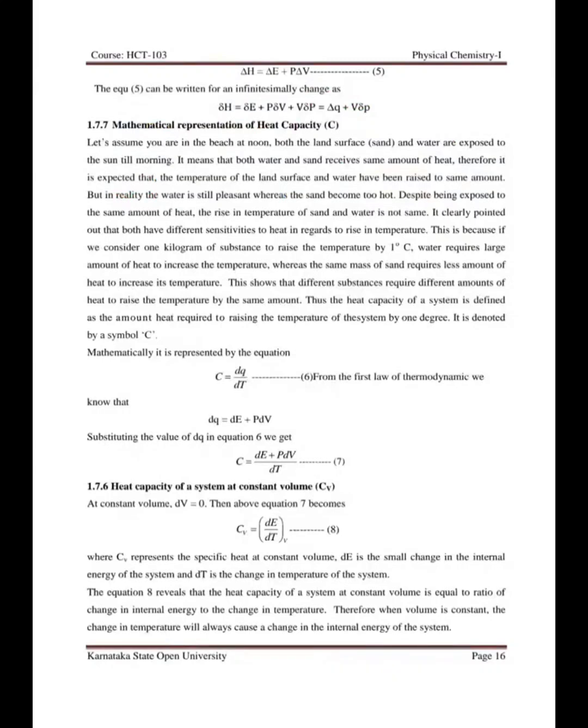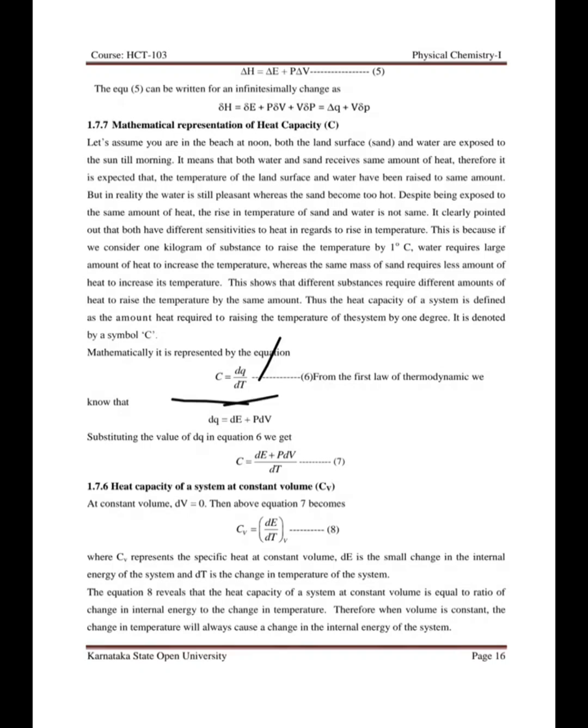And next is the mathematical representation of the heat capacity. Here we are going to calculate the heat capacity of the system, where C is the heat capacity and dq by dT is the quantity of heat with respect to temperature.